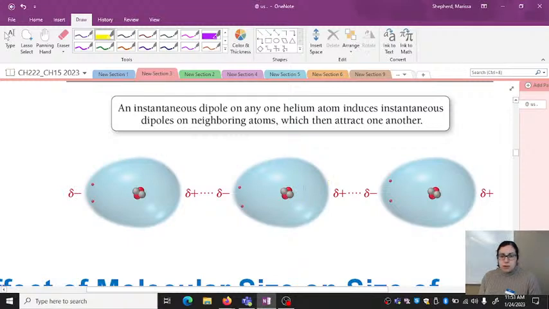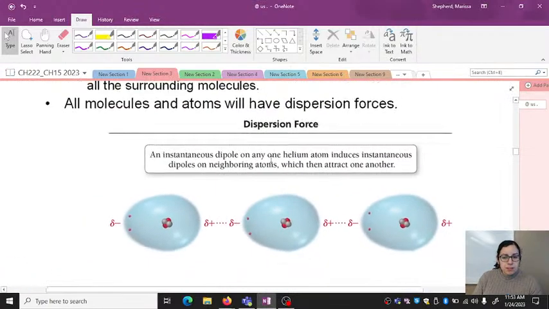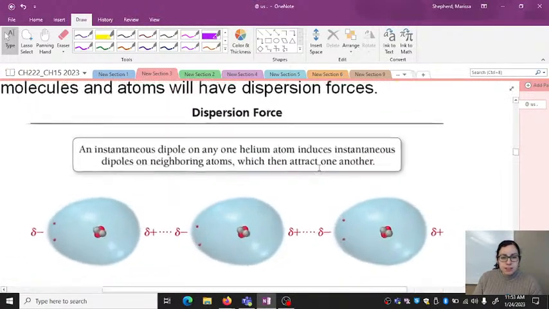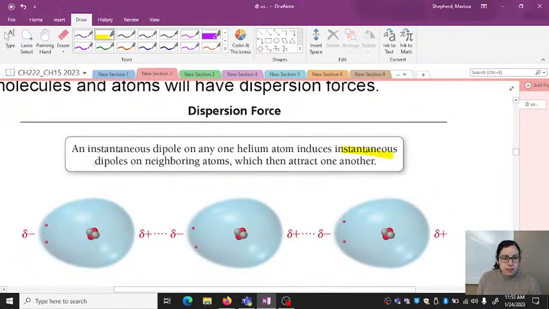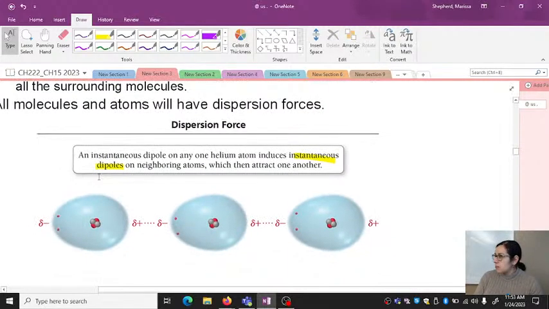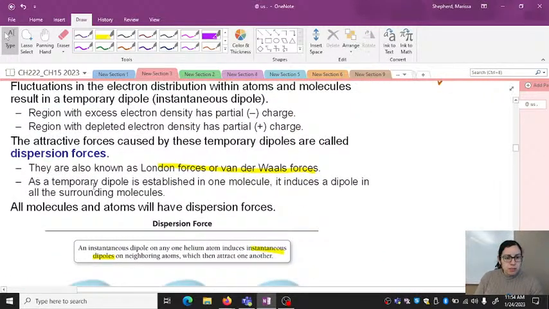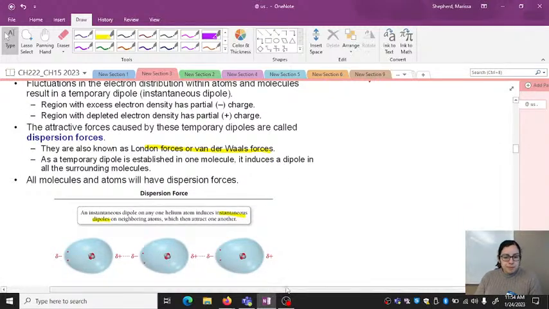So now we have our partial positive region next to our partial negative, and so we have attractive forces there. This is just the instantaneous dipole that's created. We know that this is not a permanent dipole, so this is going to be weak.